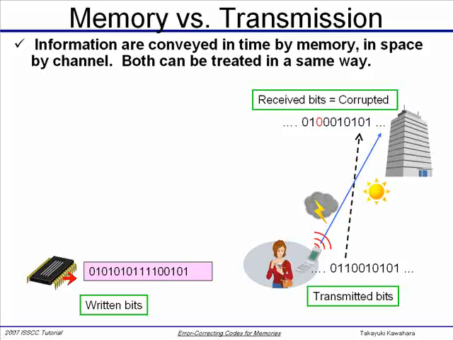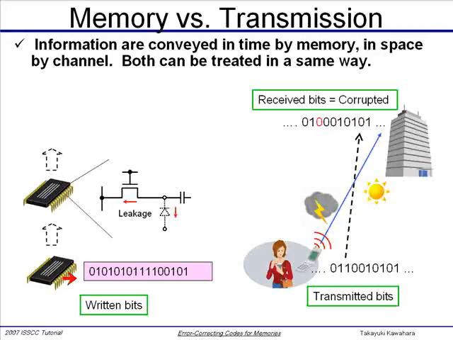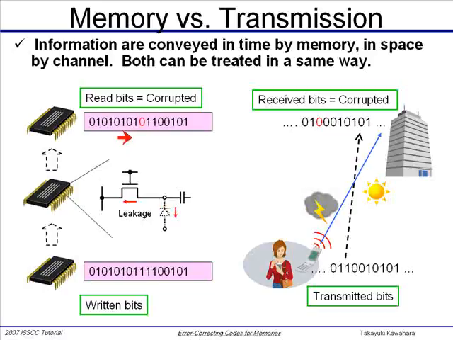So the information travels in time. But as you can see, there are some very serious conditions. The memory cell is not perfect. It's analogous to transmission in the air. So after a while, we'd like to read out this information. However, maybe some bits are corrupted. So memory and transmission resemble each other, and therefore both can be treated in the same way.